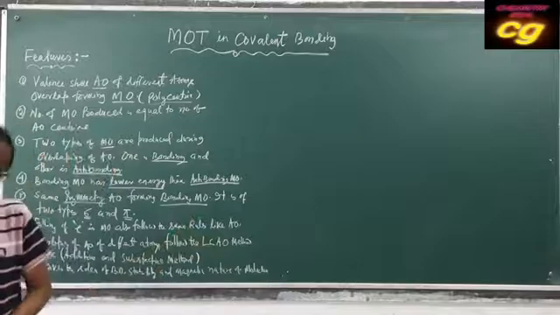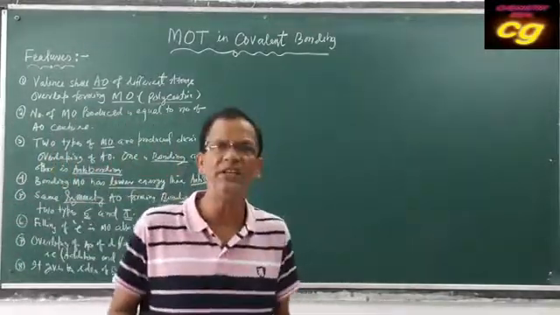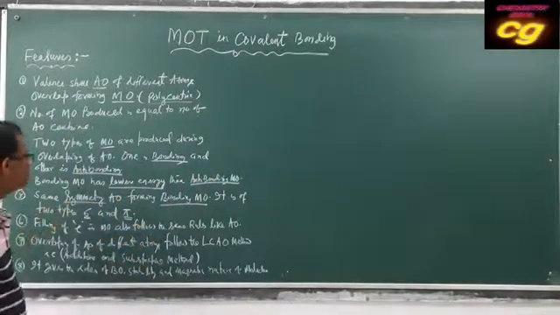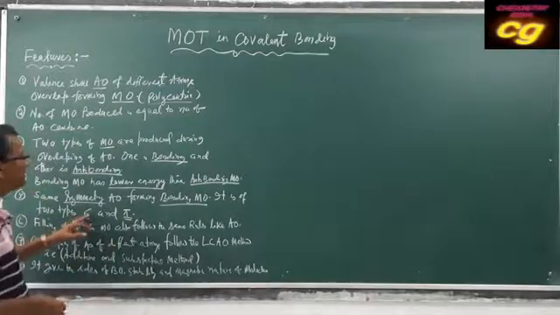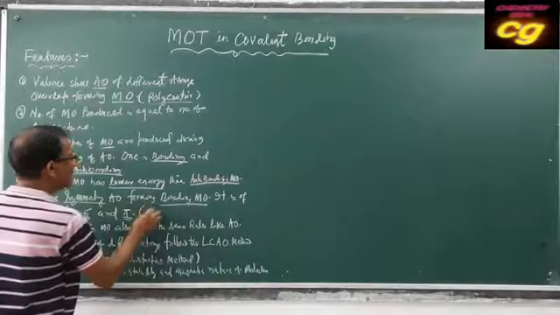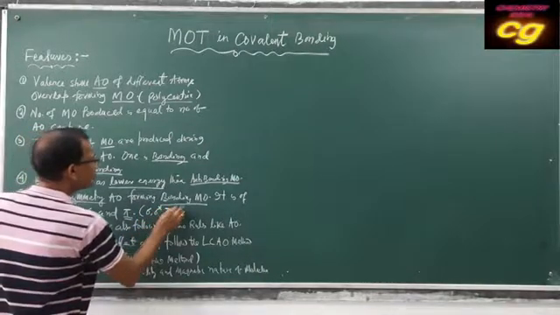But on the basis of their energy and stability, molecular orbitals may be bonding or antibonding. That means sigma has bonding and antibonding: it may be sigma, sigma star, pi, pi star.